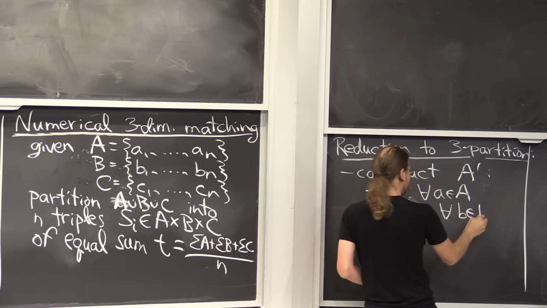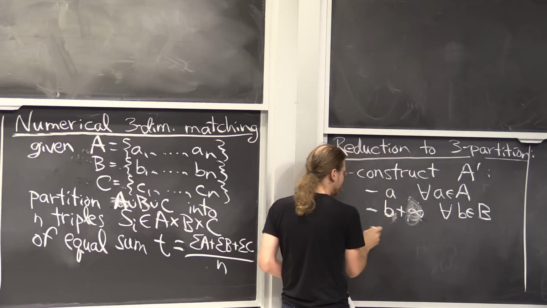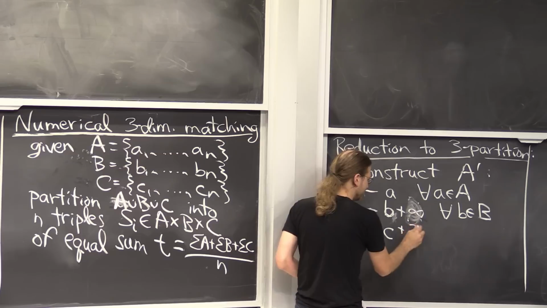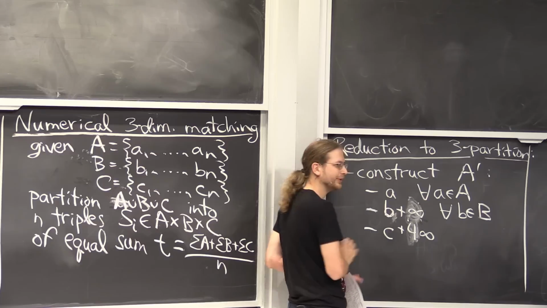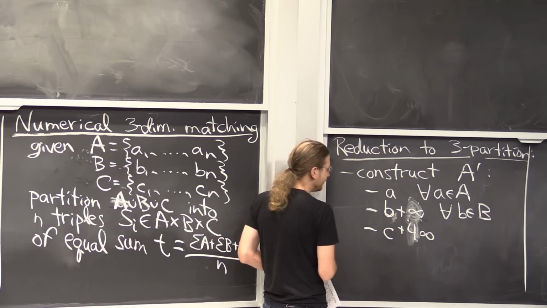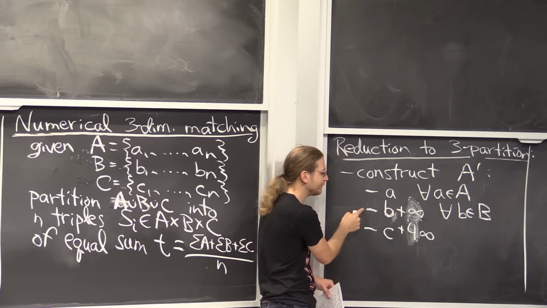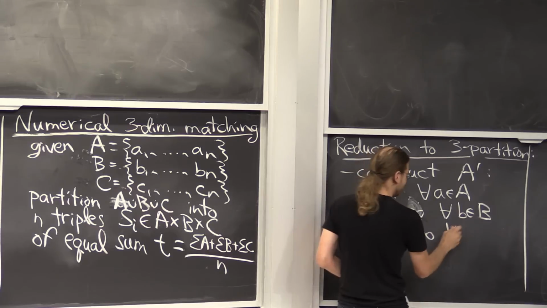So for each B in B, I will add infinity to it, and then C is going to be, let's say, 3 times, let's do 4 times infinity. It makes me feel a little safer somehow, because we're constructing a set of size 3. So if you take 3 of these, I worry that looks like a C. That's not enough, but we'll be safe.